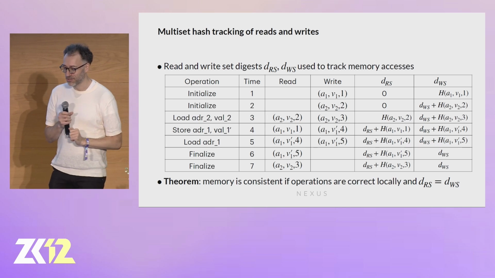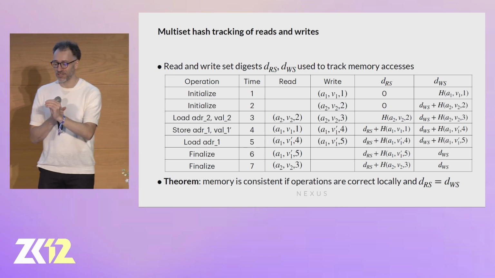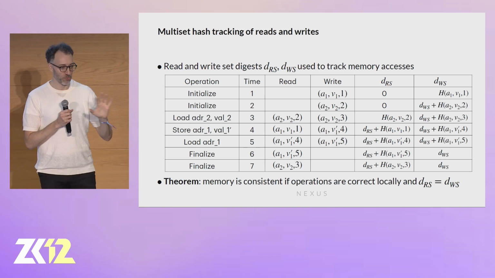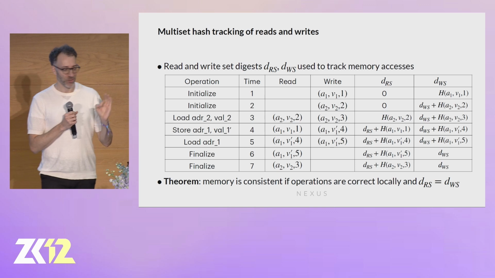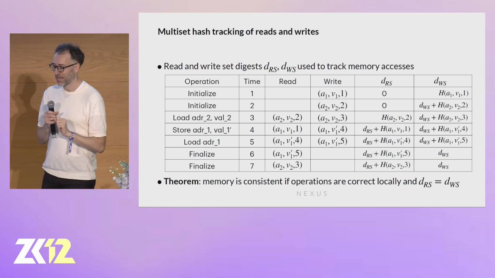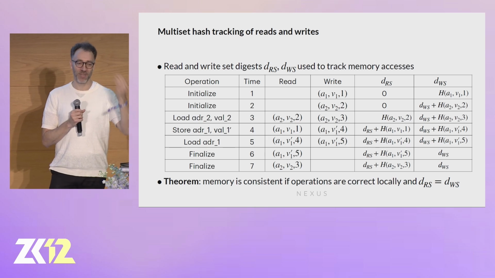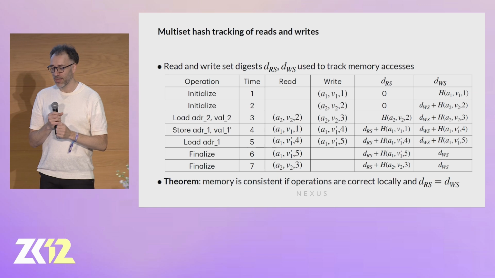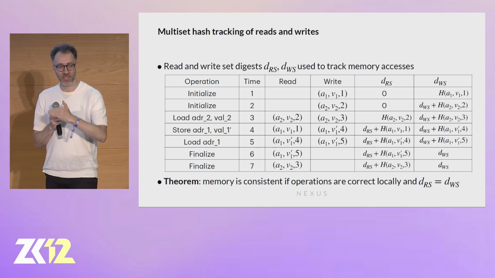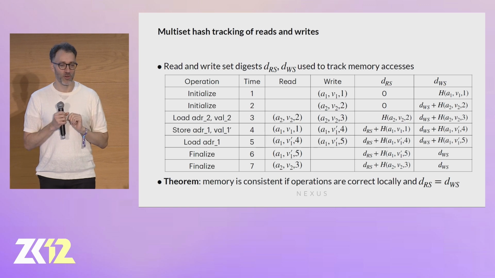On the right-hand side here, we have the digest of the read set and the digest of the write set. The digest of the read set is just 0 to start with, since we've not actually read any values. The write set starts with the first initialization we do, and then we hash that. Then we keep on updating whenever we do one of these operations. We update those two sets accordingly.